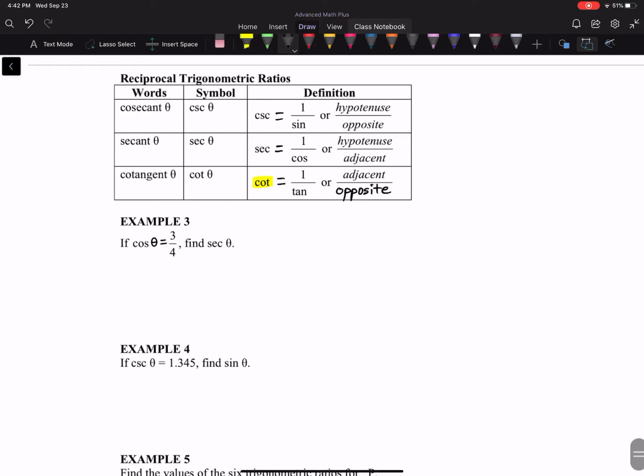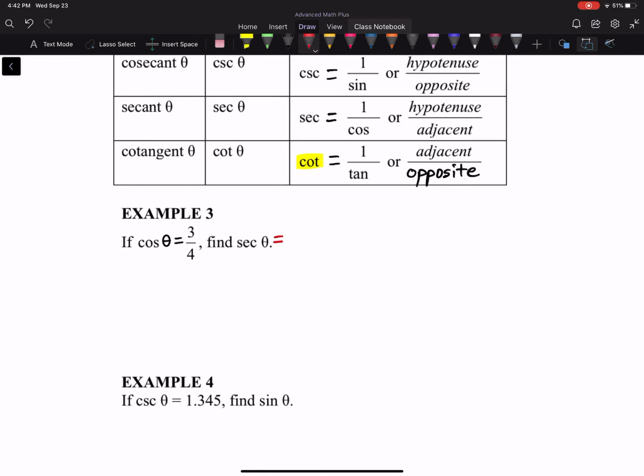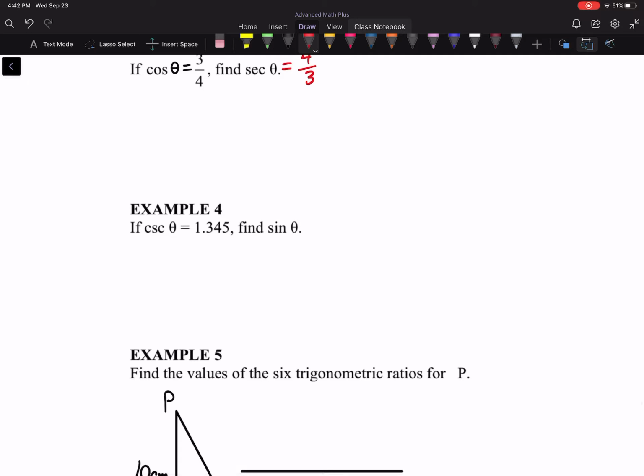Reciprocal, if you remember, just means you're going to flip it. So if the cosine of theta equals 3/4, the secant is the reciprocal of cosine, so you just flip it. It would be 4/3. If you're doing example 4, they give us a decimal.